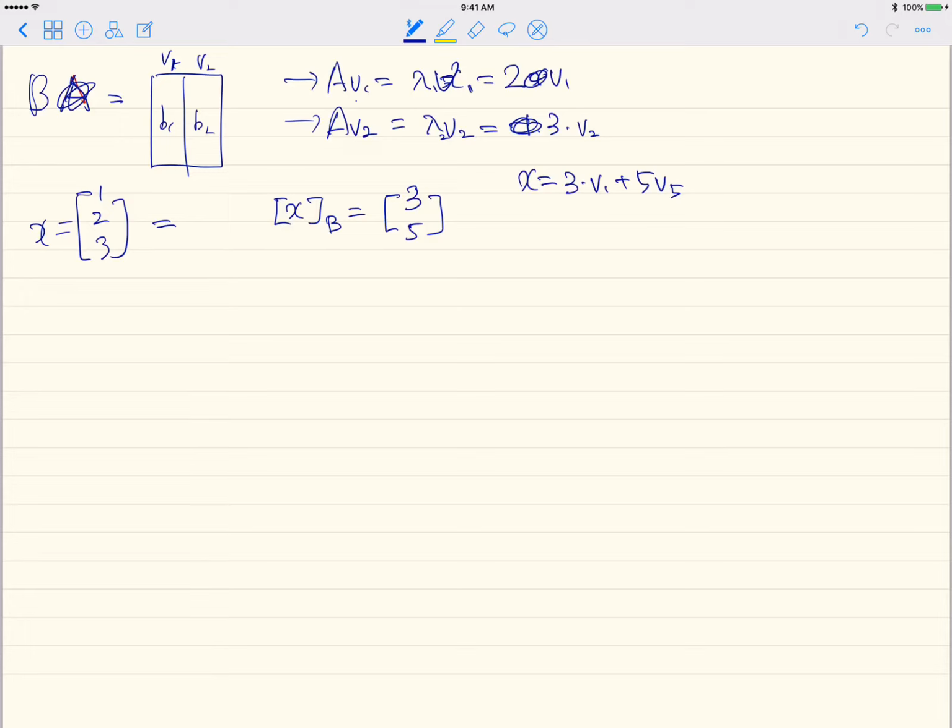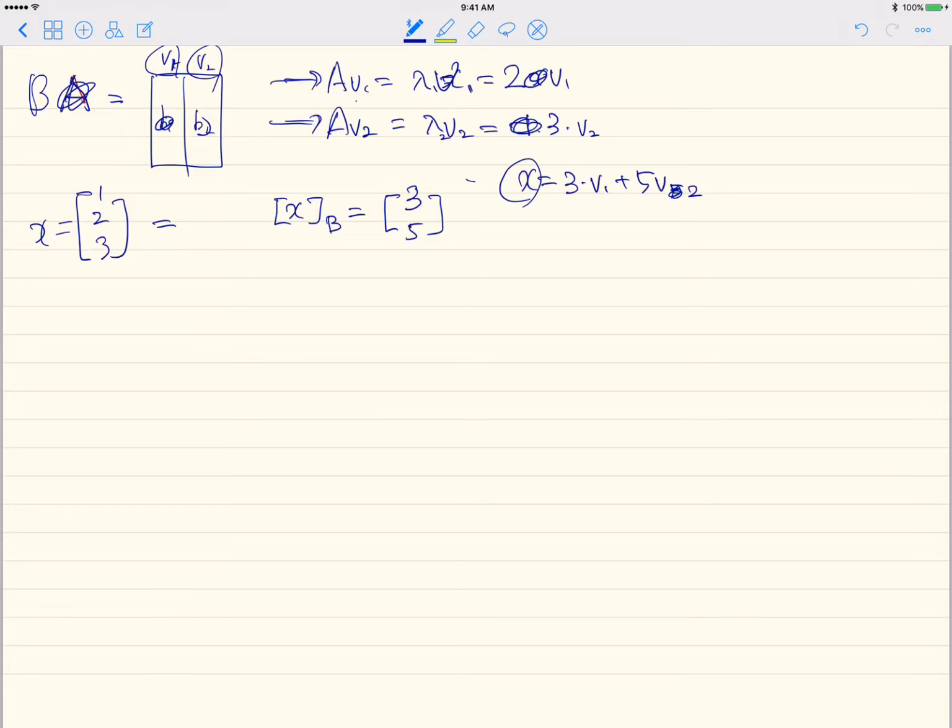So you obtain these coordinates with respect to your basis vectors, exactly the same as what we learned. But in this particular case, we assume these basis vectors v1 and v2 are also eigenvectors. So they are basis vectors, of course, but they additionally satisfy the eigenvector and eigenvalue equations.